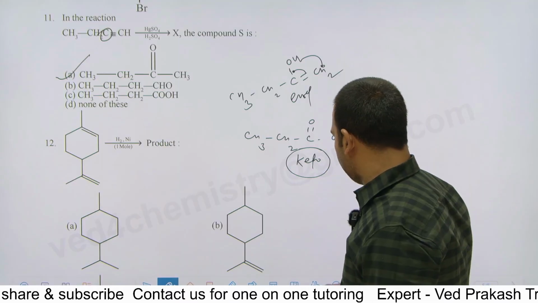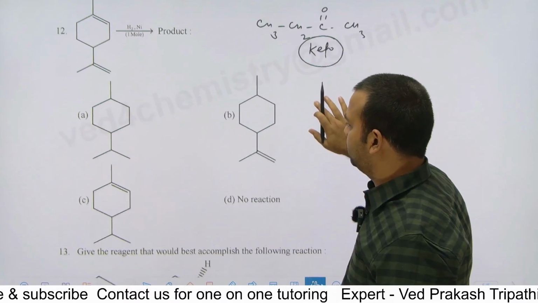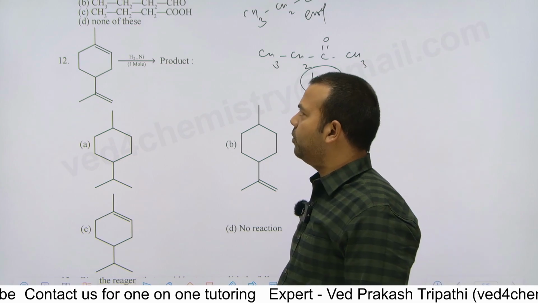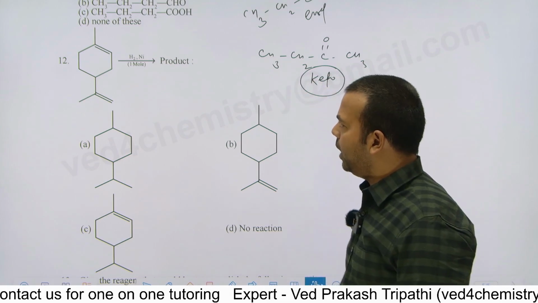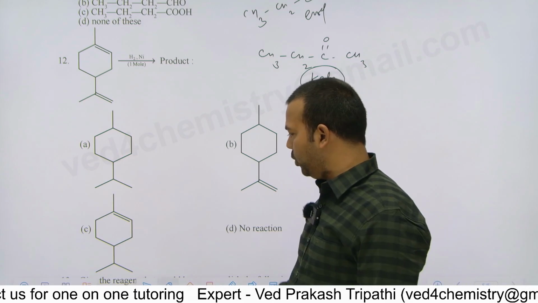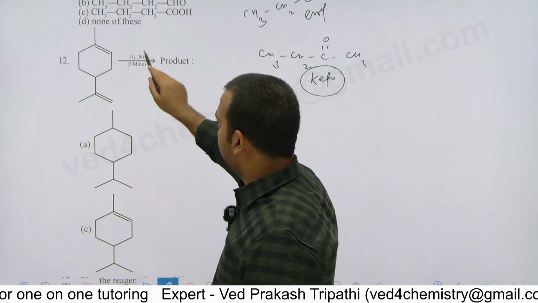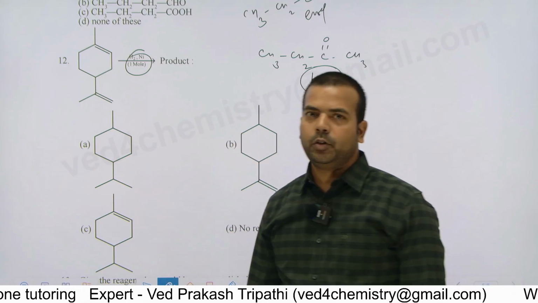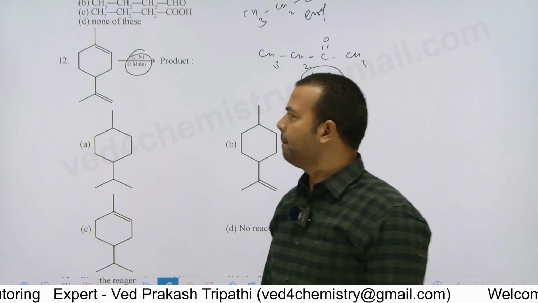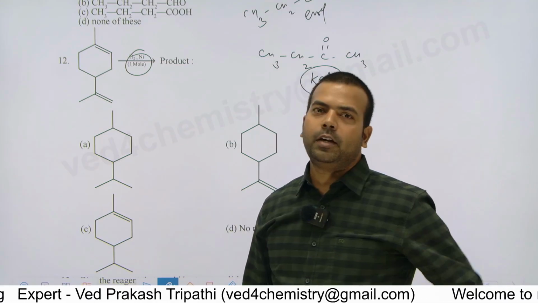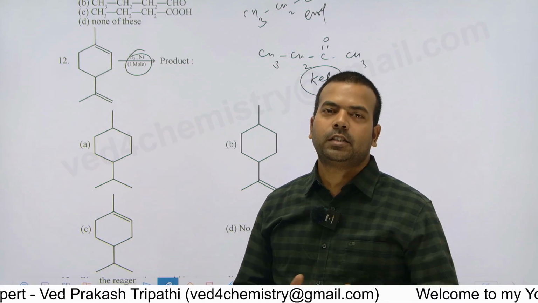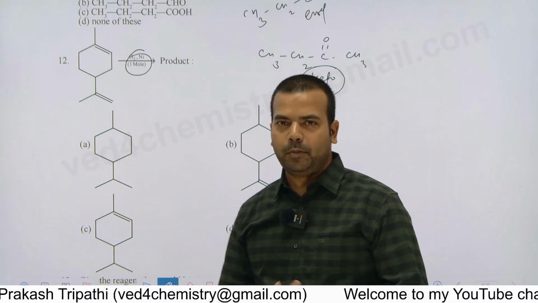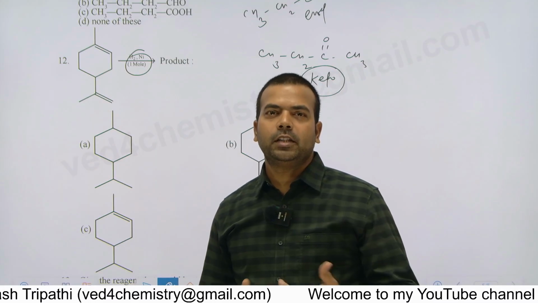Now number 12. So here we have a reduction with H2 and nickel, and we have 2 alkenes here, but only 1 mole we are going to take. So now the question is, which double bond is going to be reduced by H2 nickel? We can reduce the double bond which is less stable. If you remember Saytzeff and Hofmann alkenes, then Hofmann is the less stable one.